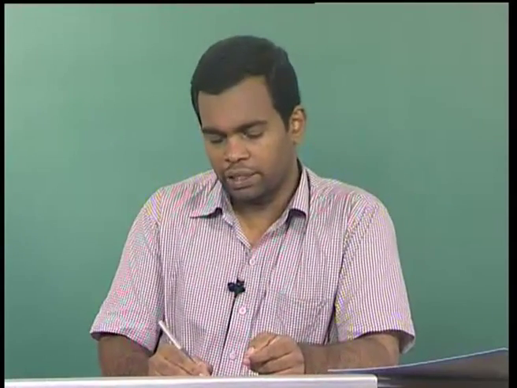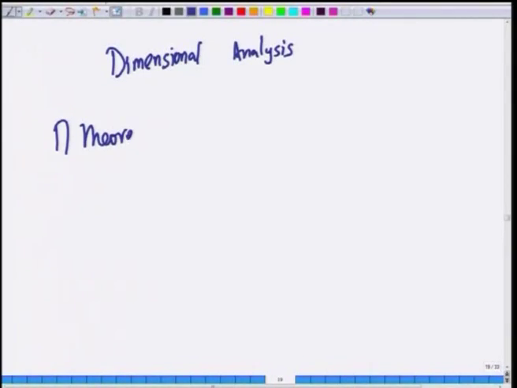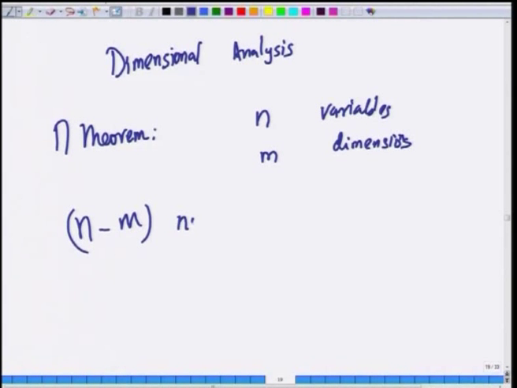Essentially, we did the pi theorem, Buckingham's pi theorem, which says that if there are n dimensional physical variables and m fundamental dimensions, then there are n minus m non-dimensional groups. Suppose you have 5 variables and 3 fundamental dimensions, mass, length and time, then essentially you have only 2 non-dimensional groups, and this was the example we gave for the drag coefficient.